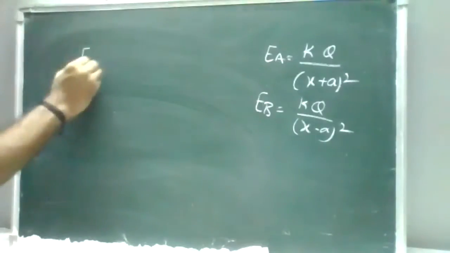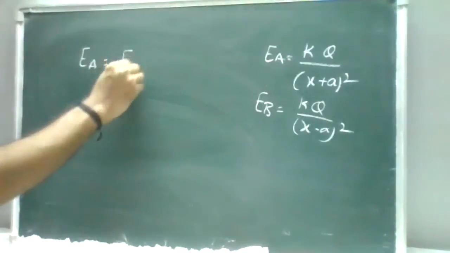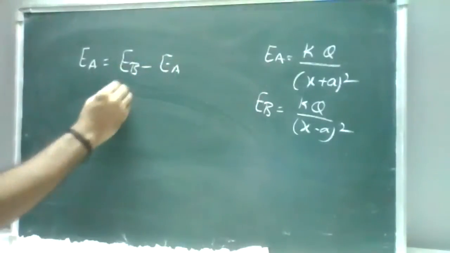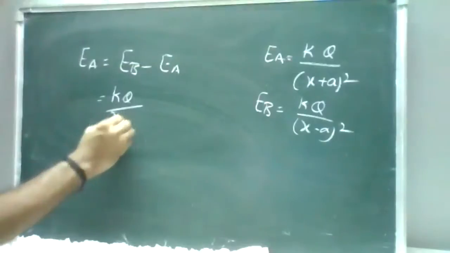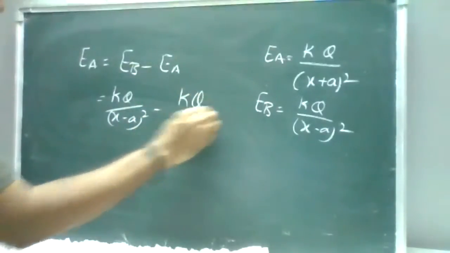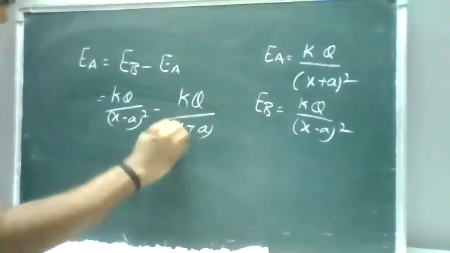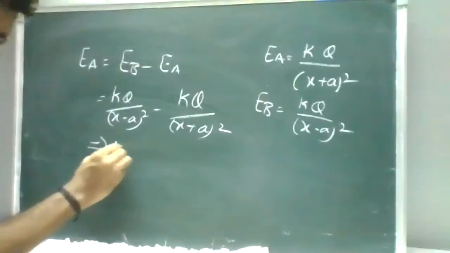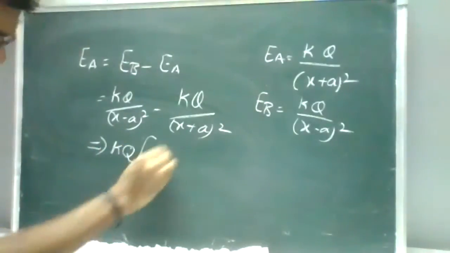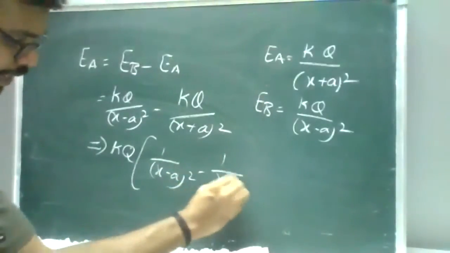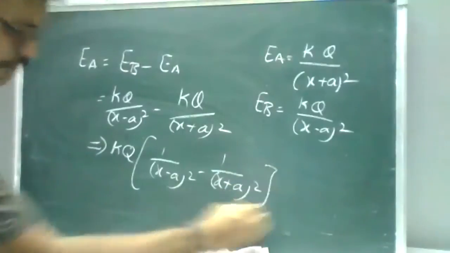E axial is equal to EB minus EA, so we substitute: kq by (x minus a) whole square minus kq by (x plus a) whole square. I separate kq, so the relation is 1 by (x minus a) whole square minus 1 by (x plus a) whole square.